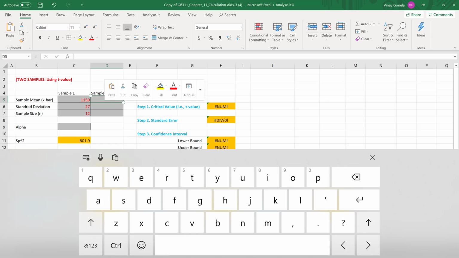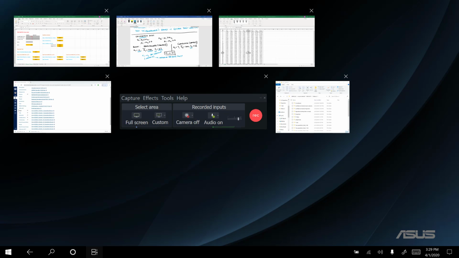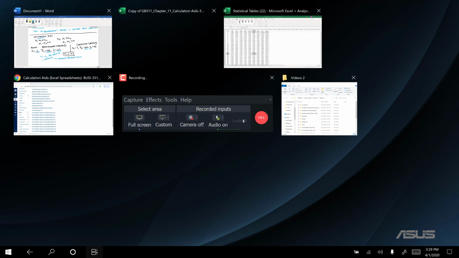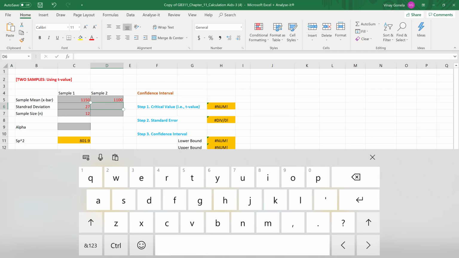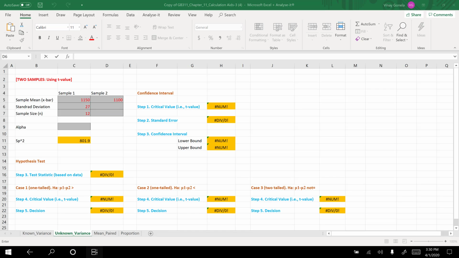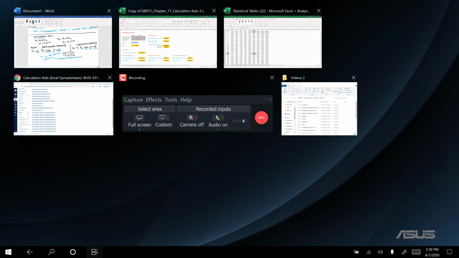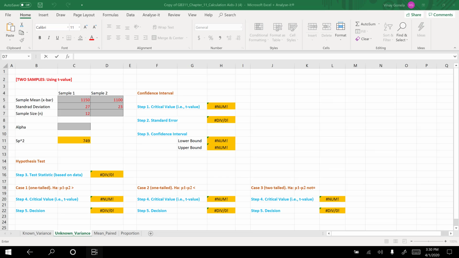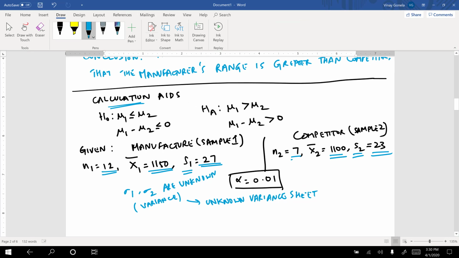So now sample 2, sample mean for sample 2 would be 1100, and then sample standard deviation is 23. And then sample size is 7.